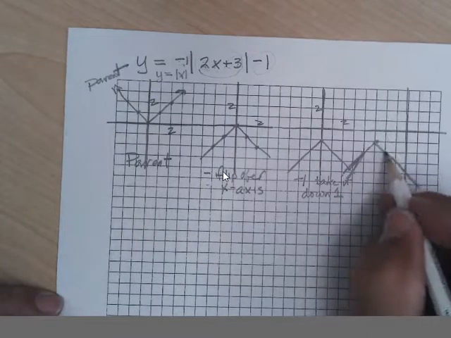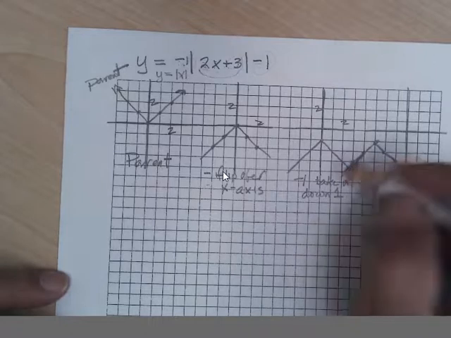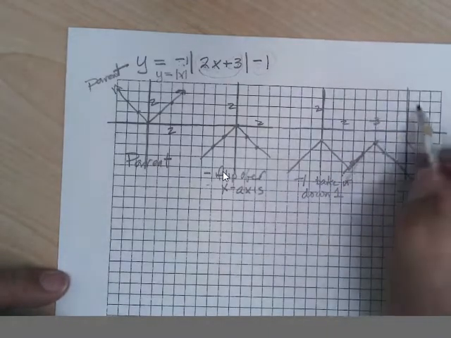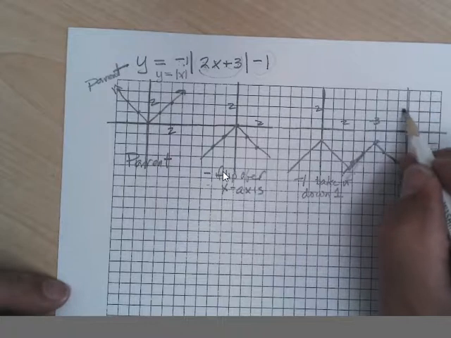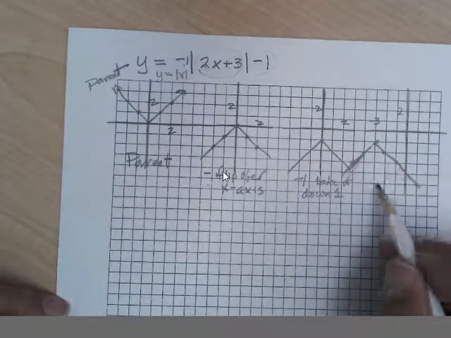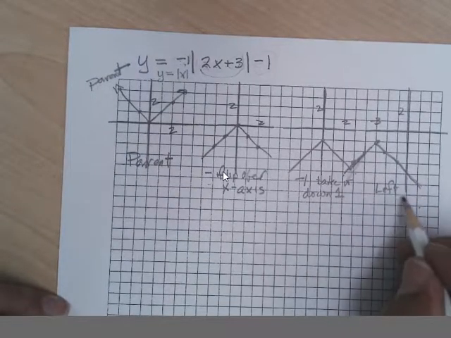So there's 1, 2, 3, 4, 5 points. And this is minus 3, and this is plus 2. And there's my curve, and it's left 3.